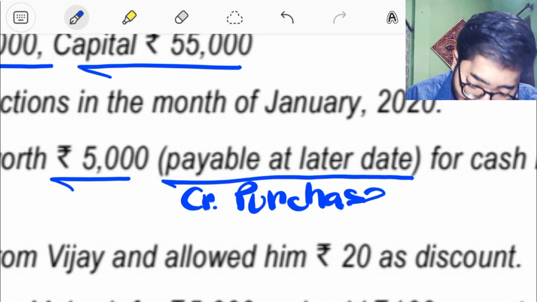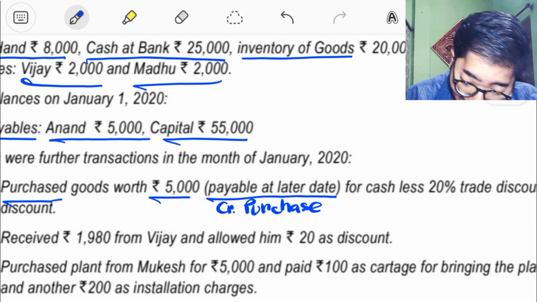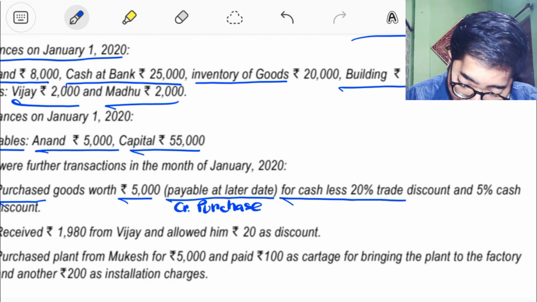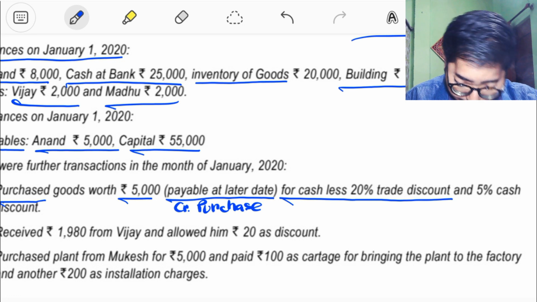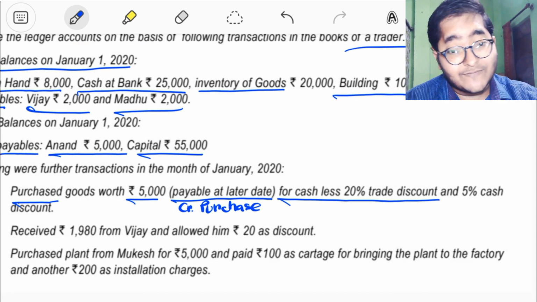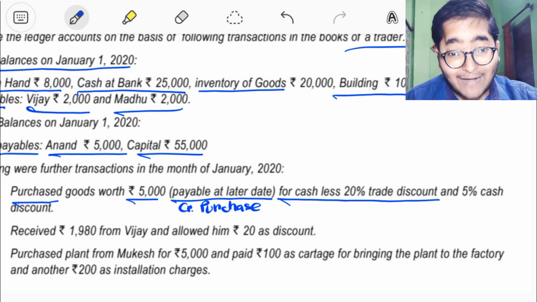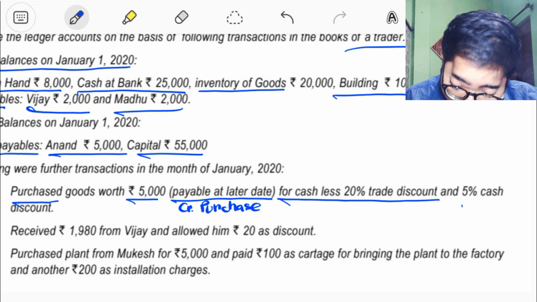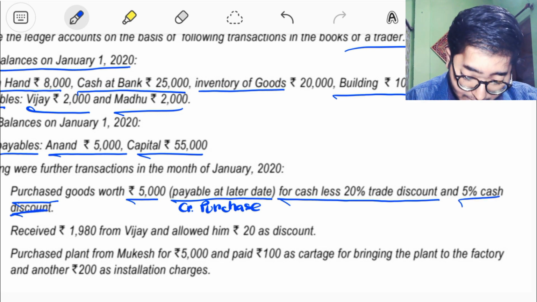Purchased goods worth rupees 5,000 payable at a later date, for cash less 20% trade discount and 5% cash discount.